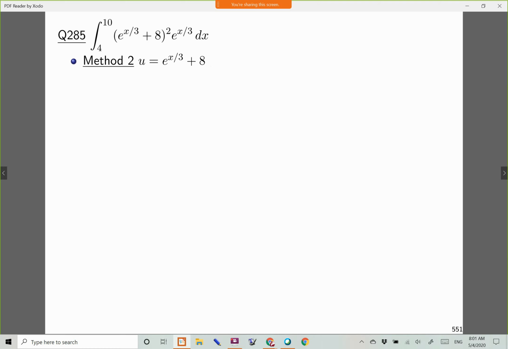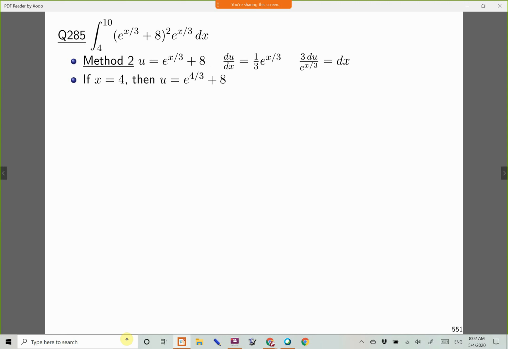Method 2, same choice of u, so the same dx as before. But to make this method work, you actually have to do this extra work of, here it's dx, so this x, when x is 4, how do we get what the u value is? Go back up here, right?